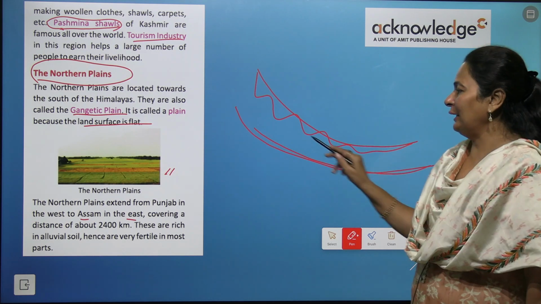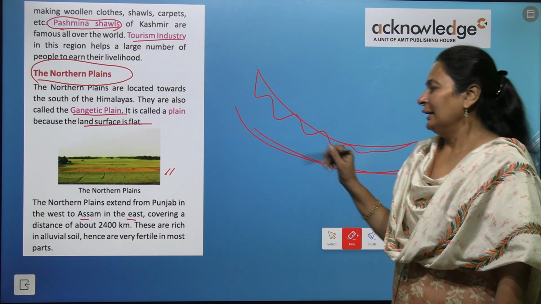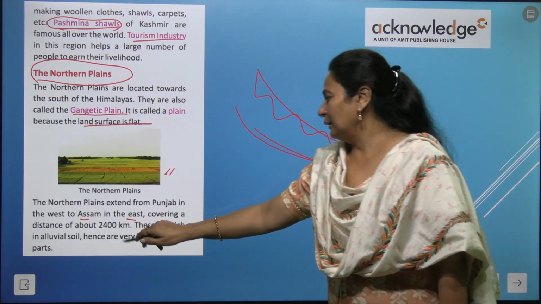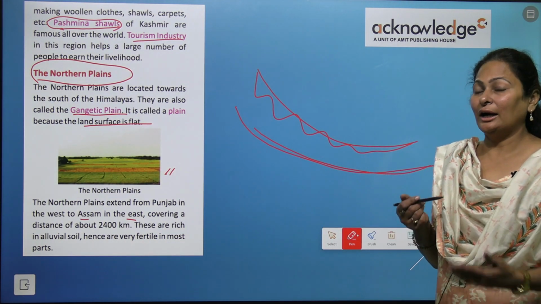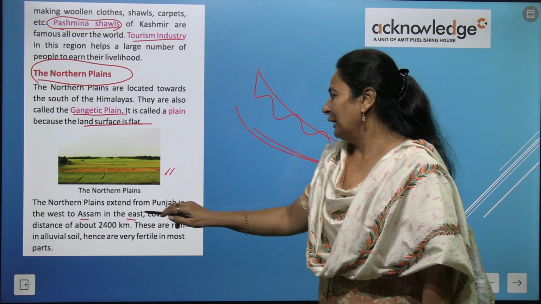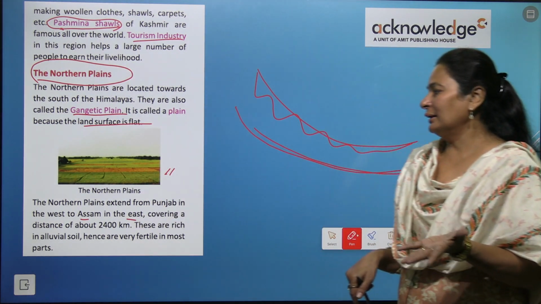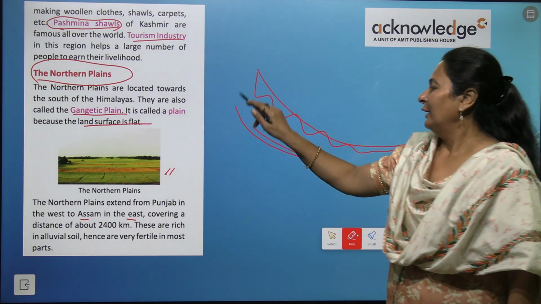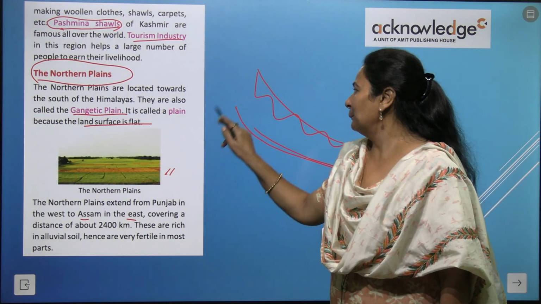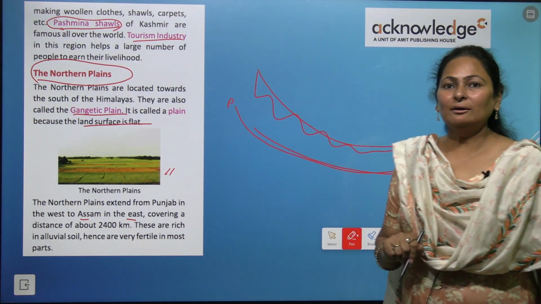In this area, many states lie, like Punjab, Haryana, Uttar Pradesh, right? So Assam is in the east, and it covers Punjab in the west.